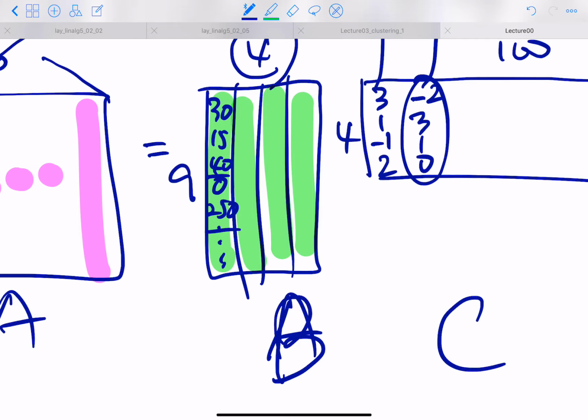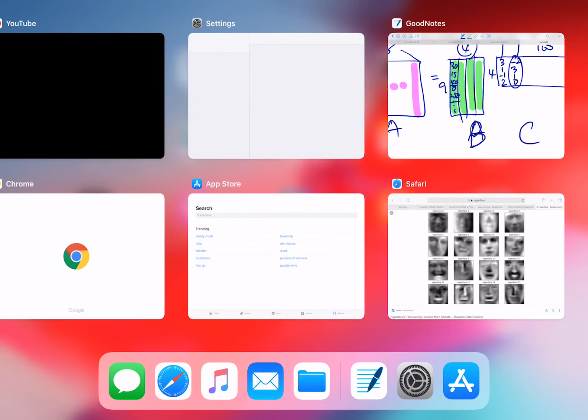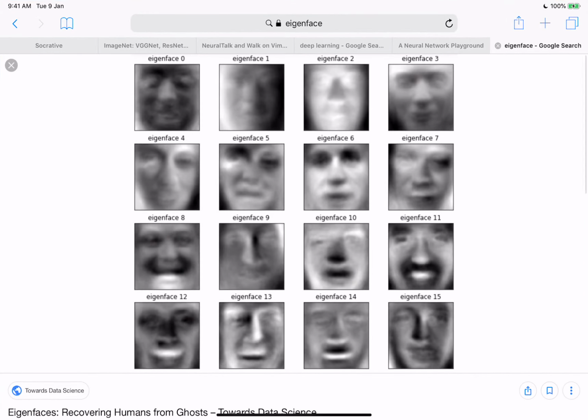We can basically convert this vector into a matrix. And then what will be the pattern, or what will these 4 common column vectors look like in terms of their images? So these are the result from this matrix factorization. Okay, so something like this.